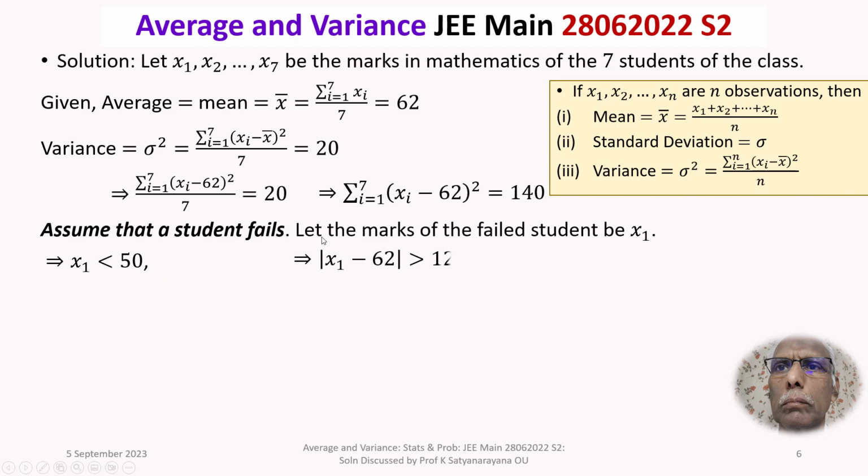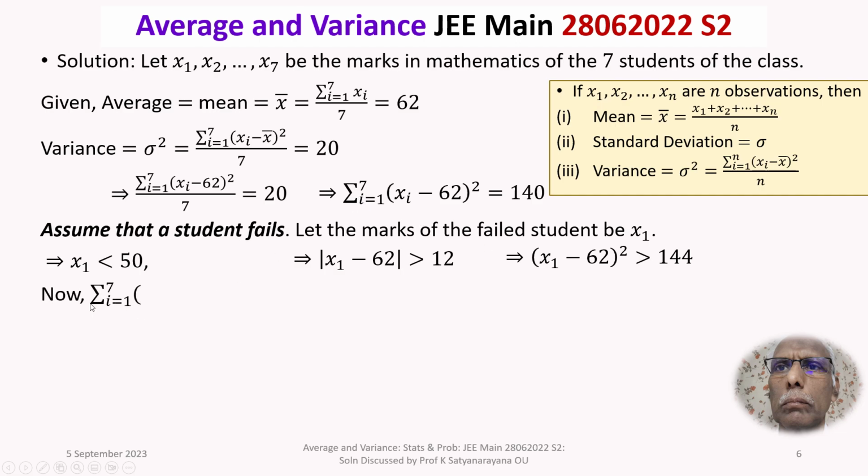Now modulus of x1 minus 62 will be greater than 12. Its square will be greater than 144. So (x1 minus 62) square is greater than 144. Let's take the above equation.